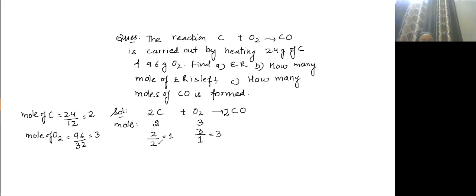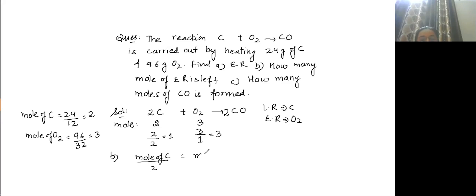So which is the limiting reagent? Limiting reagent is carbon. And which is the excess reagent? Excess reagent is O2. Now you have to find out how many moles of excess reagent is left. So moles of carbon divided by 2.